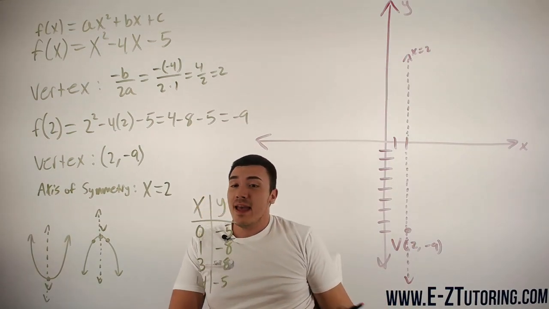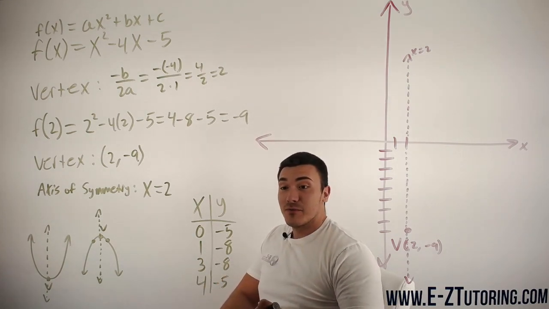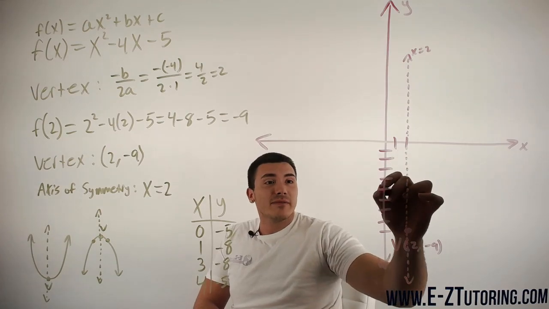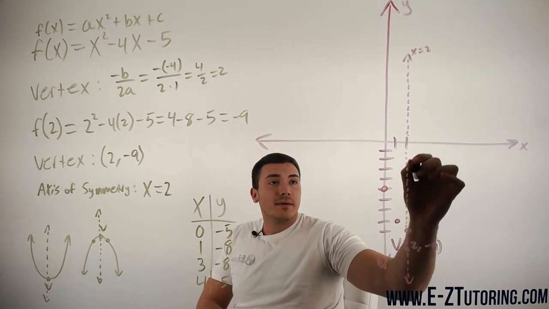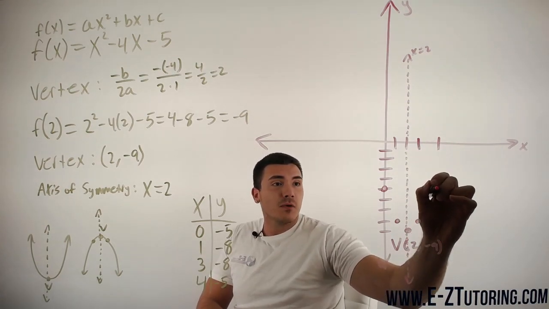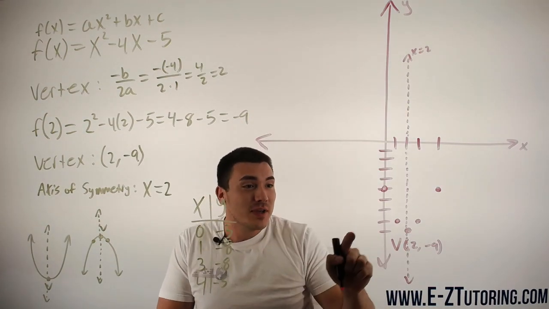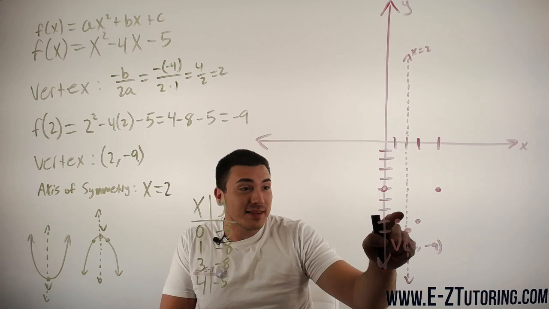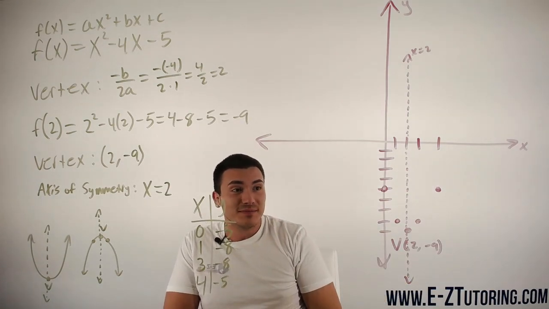All right, and then after that, we can go ahead and plot our points that we found over here. We have a total of 4 points. So we have 0, negative 5, 1, negative 8, 3, negative 8, and 4, negative 5. And because of the axis of symmetry, you can see how this point is exactly the same over here, and how this point is exactly the same over here.